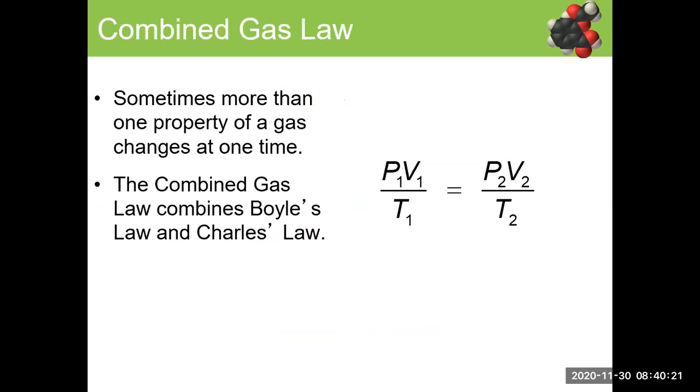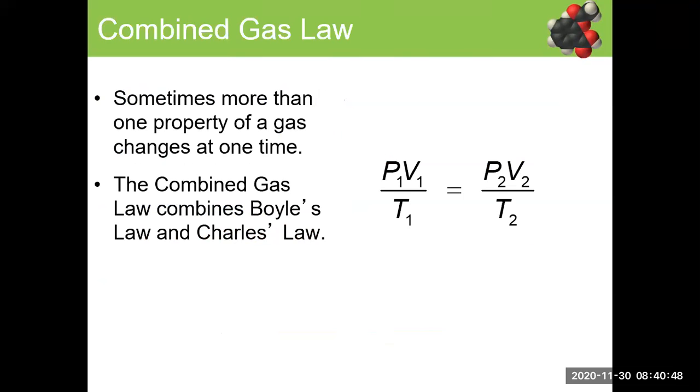Sometimes we're interested in seeing what changes occur when more than one of the properties of a gas changes at the same time. We get something called the combined gas law, which comes about by combining Boyle's law, which we talked about the other day, and Charles's law, which we just reviewed.